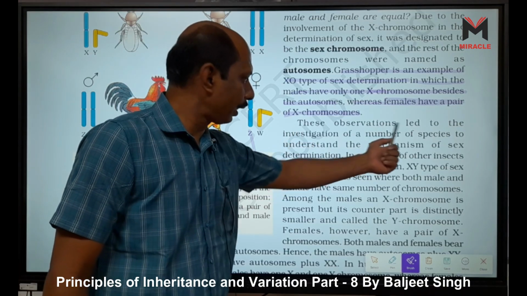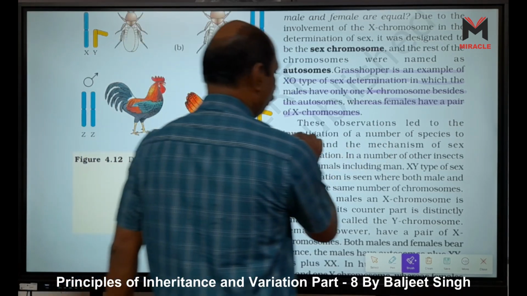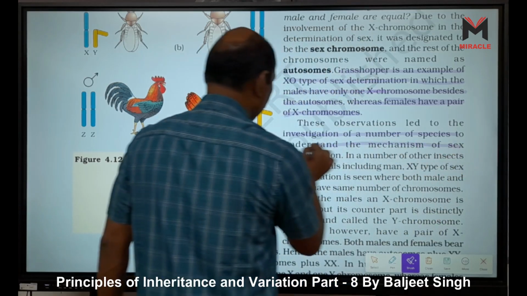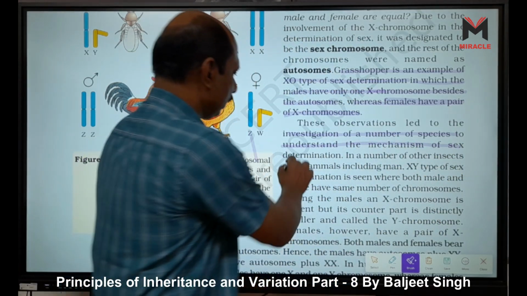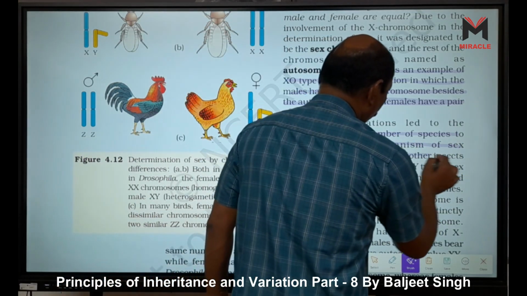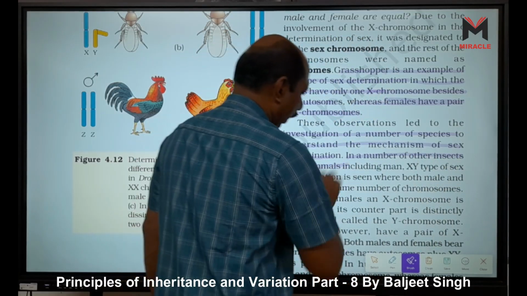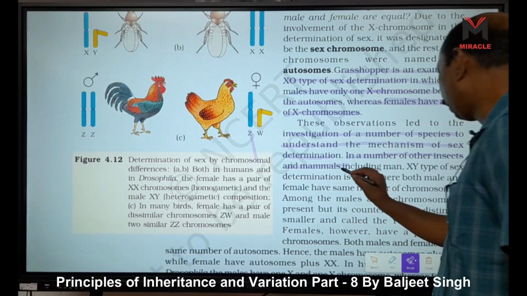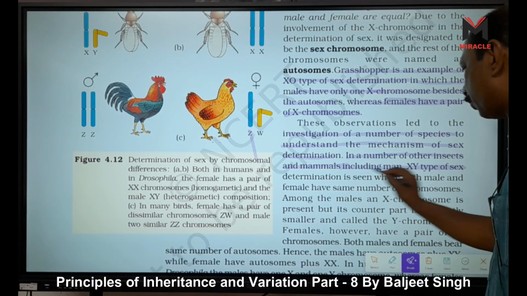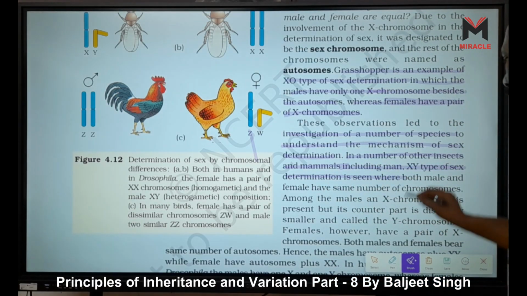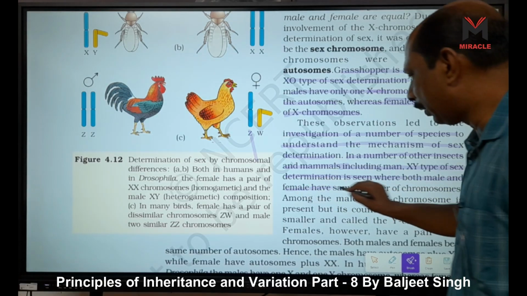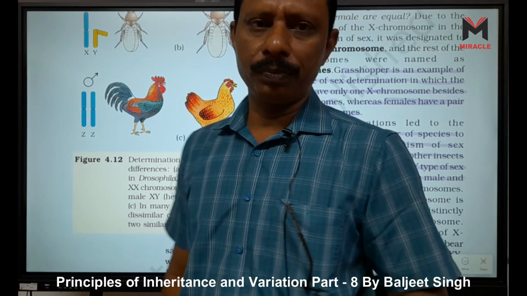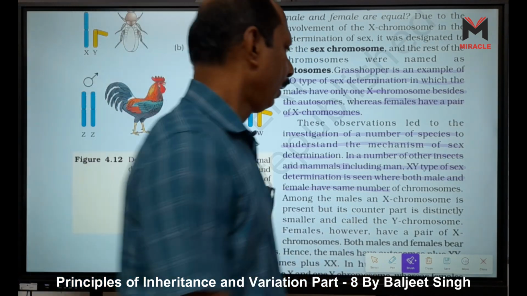Second, these observations led to the investigation of a number of species to understand the mechanism of sex determination in a number of other insects and mammals also, including humans. We are mammals, right? Which type of determination is there? XY type of sex determination is seen, where both male and female have the same number of chromosomes, right?